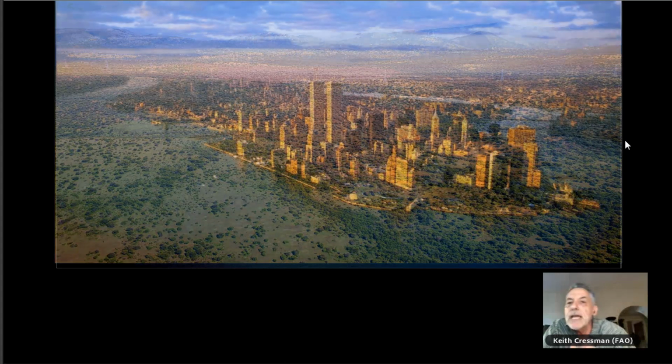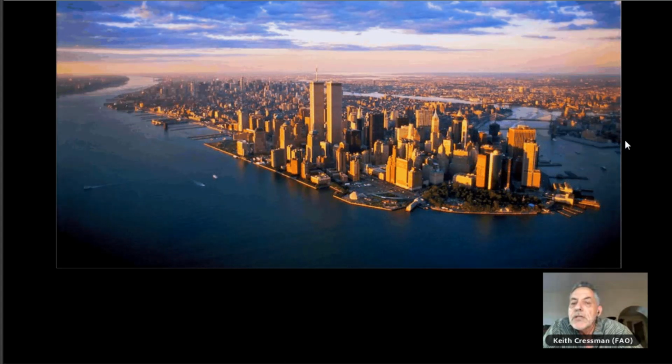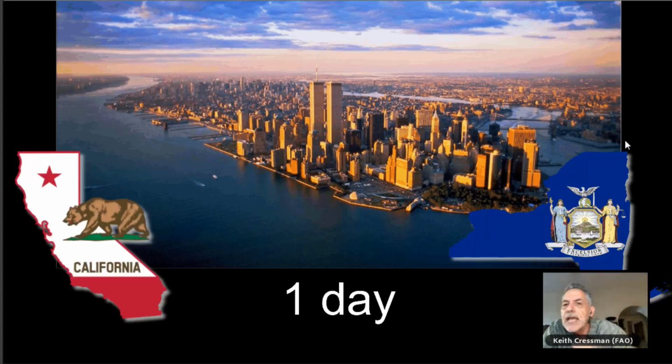If we take that same swarm and imagine it's roughly the size of Manhattan, New York City in America, in one day that swarm can eat the same amount of food as everybody living in California and New York. And this is only one swarm. So immediately you can see the danger here, the potential unprecedented threat to food security and people's livelihoods.